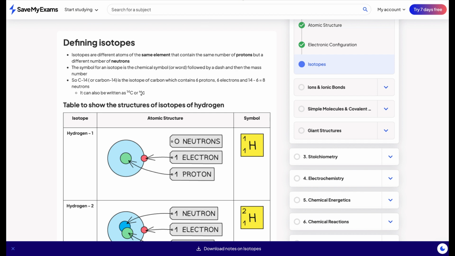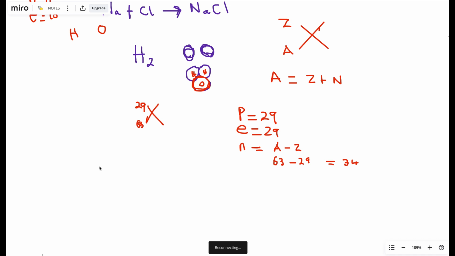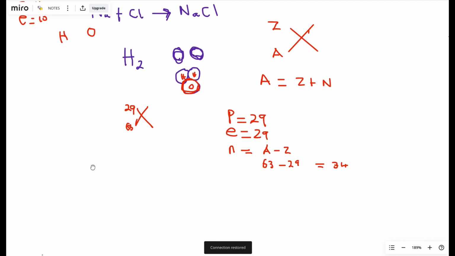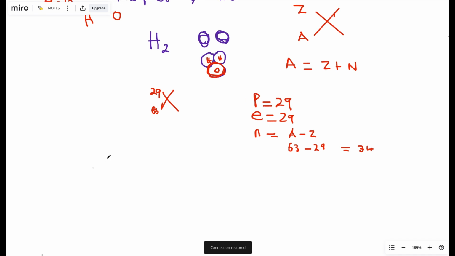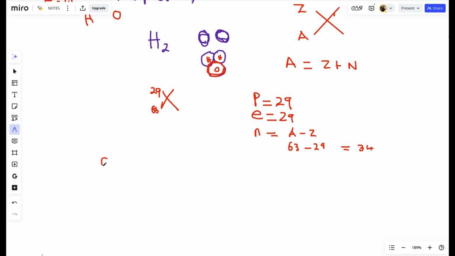For example, if we write carbon 12, permit me to put the mass on top.